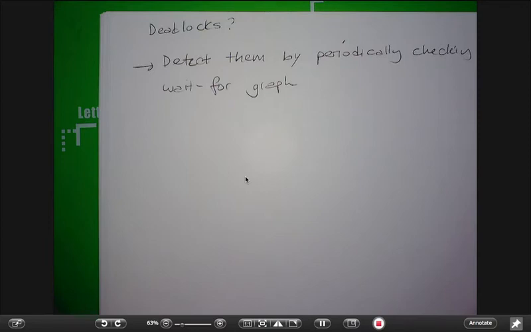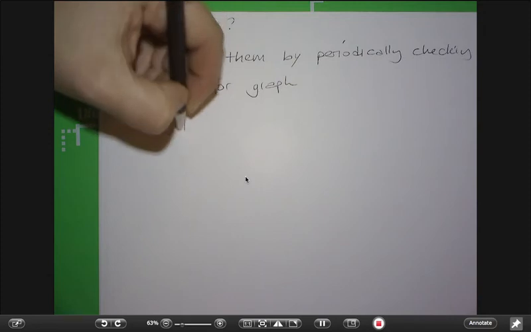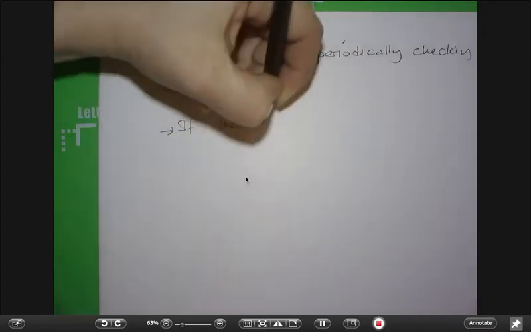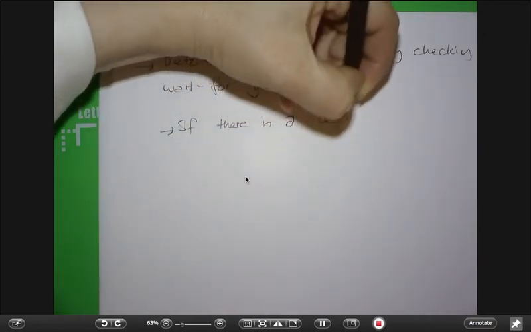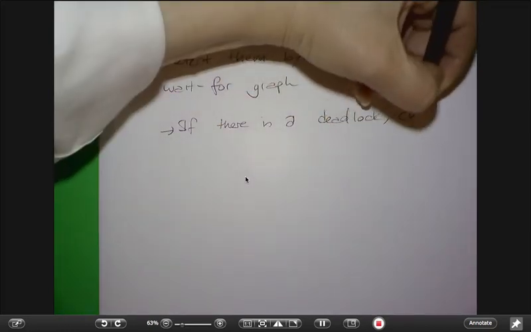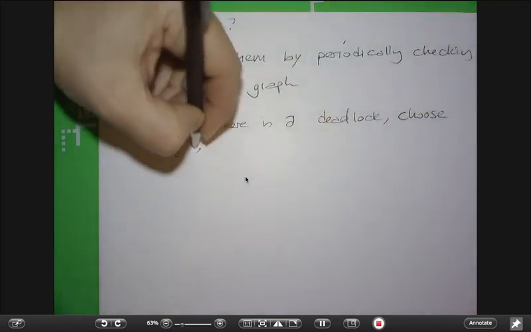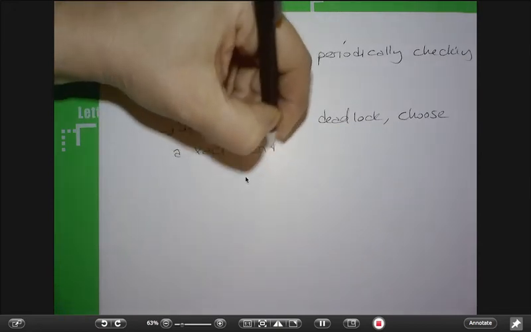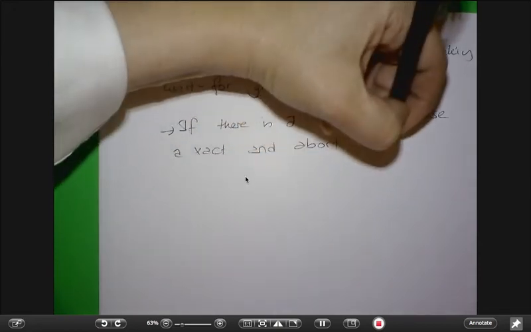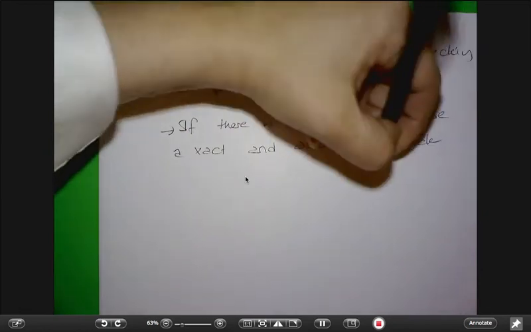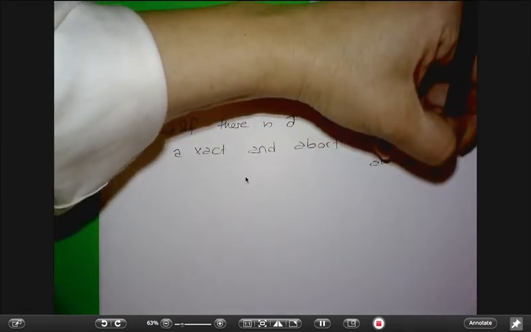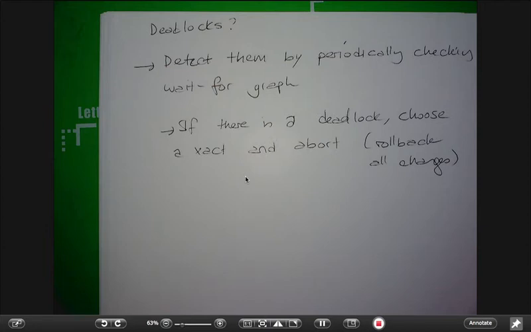You're going to roll back. So basically, if there's a deadlock, choose a transaction and abort and roll back all changes. If that does not solve your deadlock, if you are highly deadlocked, then choose the next one until you no longer have a deadlock.